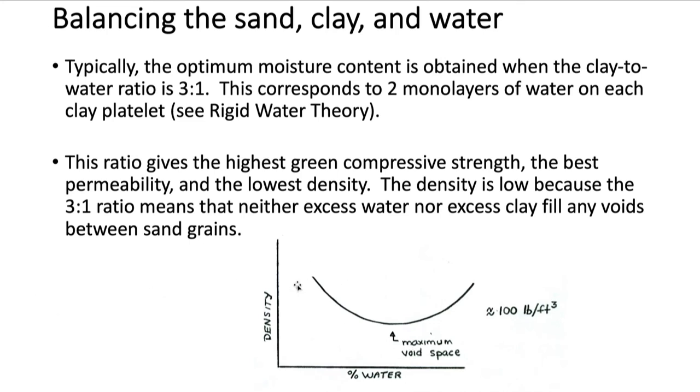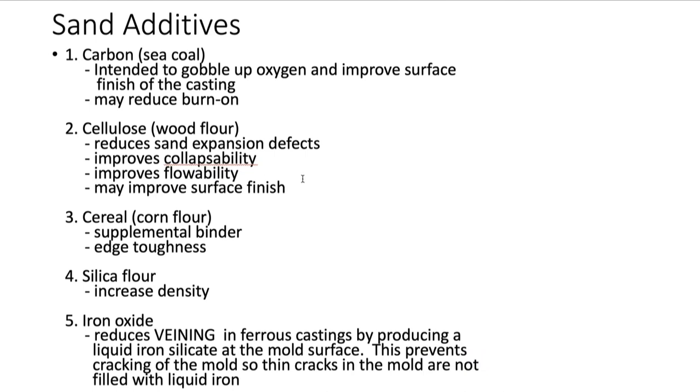So you can actually plot density, which is one of the things you can do in order to plot your sand. Some of the additives we might add to sand are carbon. Why do we add that? Because when we put, let's say, iron into a mold, it's going to want to form iron oxide.